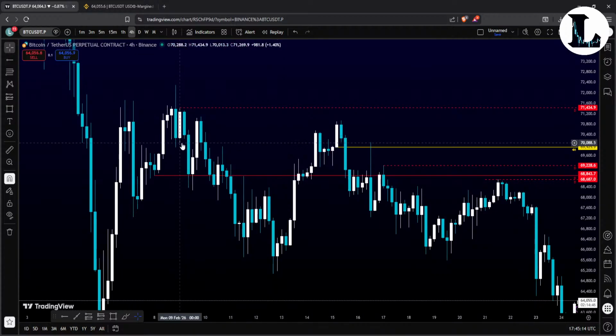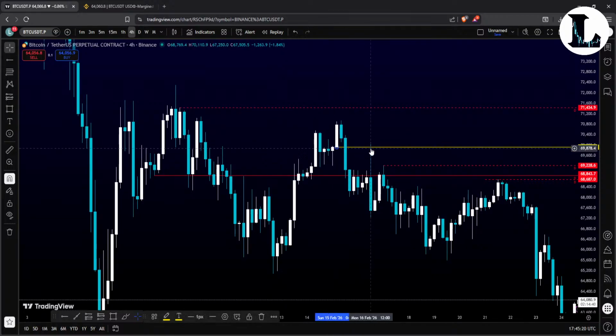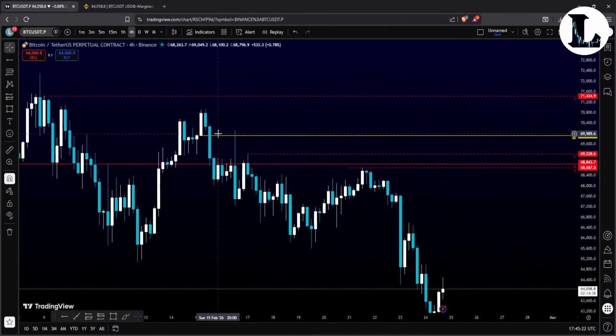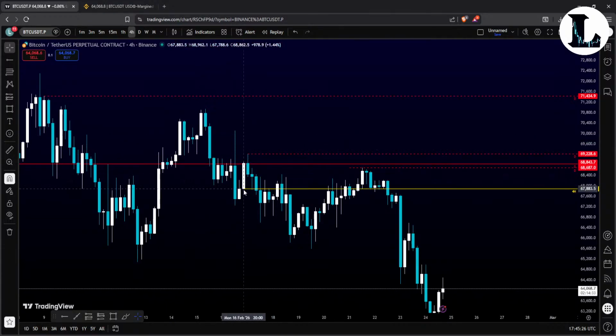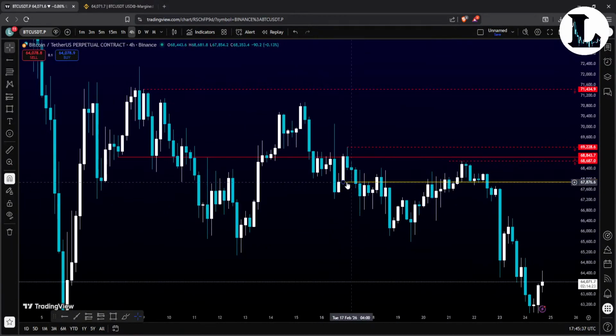Even if you did not mark that 4, okay? You could say that this was also a big rejection here, right? And we could keep following the trail to this one here, okay? So there is probably a 1 hour inside here or a 15 that rejects over there, okay? And we can follow the trail, guys.